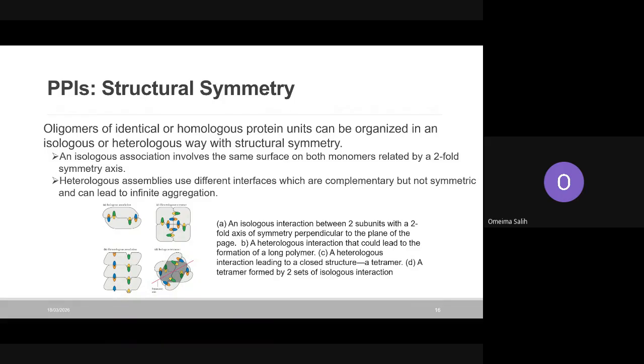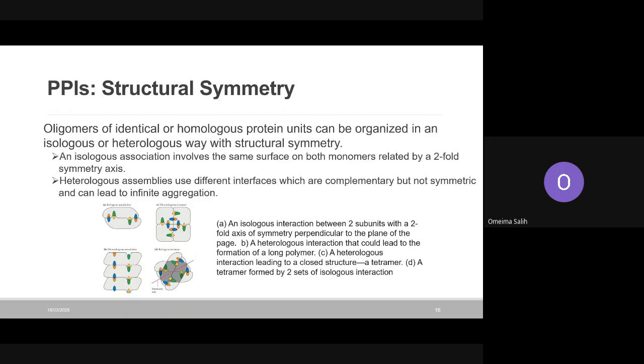And this is very important because it shows the aggregation between the polypeptide chains, and it is very important in defining the conformation and structure of the proteins.